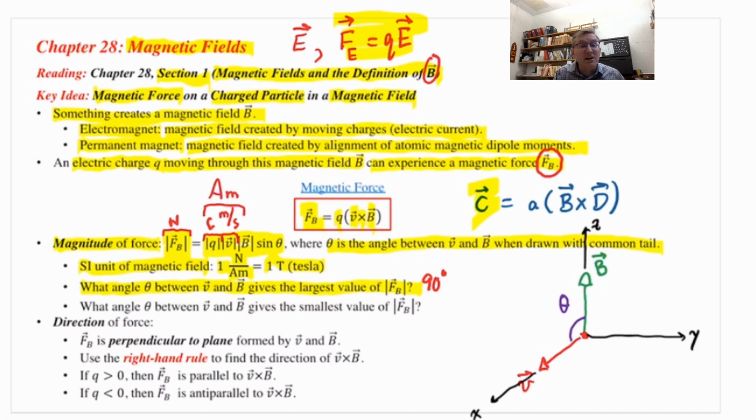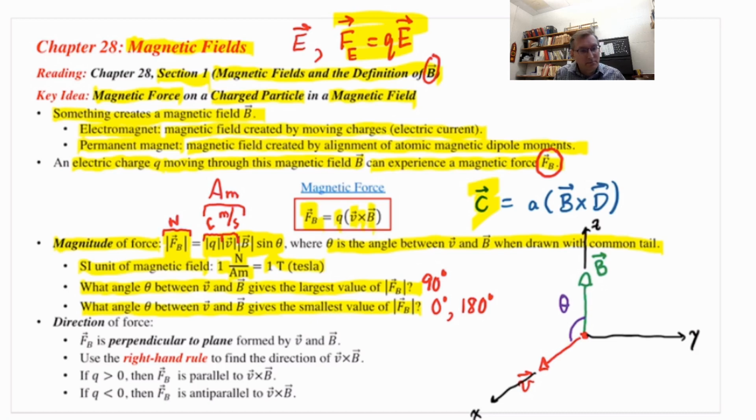Because it all depends on sine theta. 90 degrees gives you the largest sine. What angle theta between v and B gives the smallest F_B magnitude? Did you say 0? Because the sine of 0 is 0. Or 180. The v and the B could be exactly opposite. That would also give you no magnetic force.